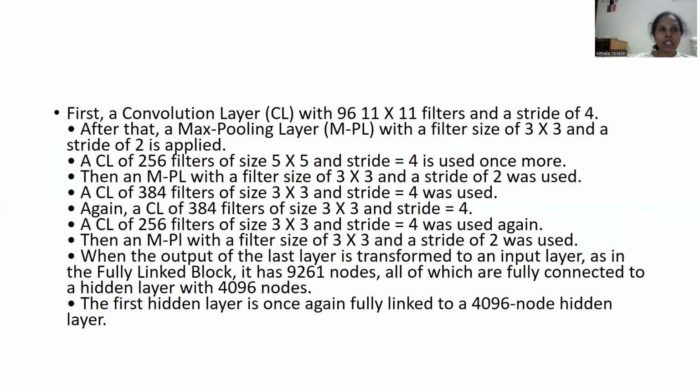Here we are using the ReLU activation function rather than tanh. Here all the details are given: how many convolutional layers, how many filters were used for AlexNet, and what the strides are.